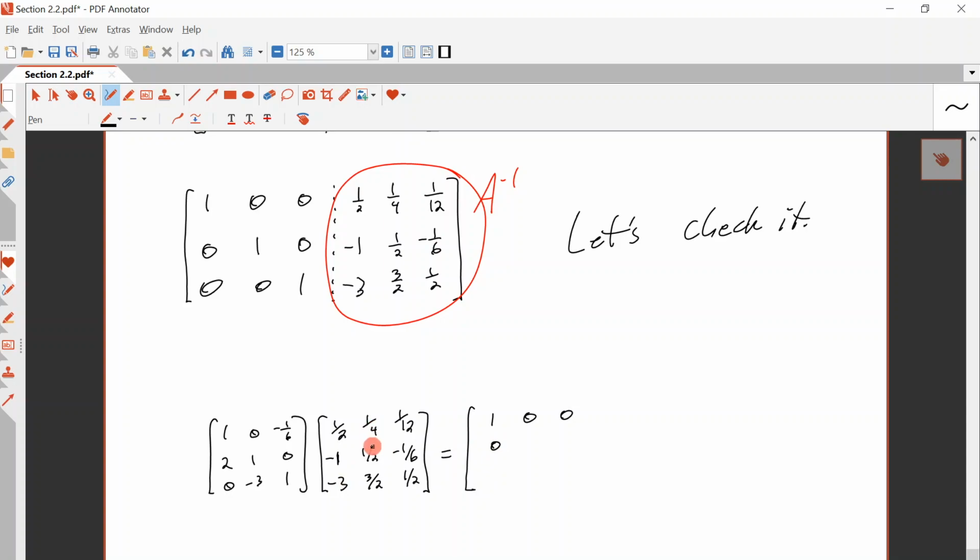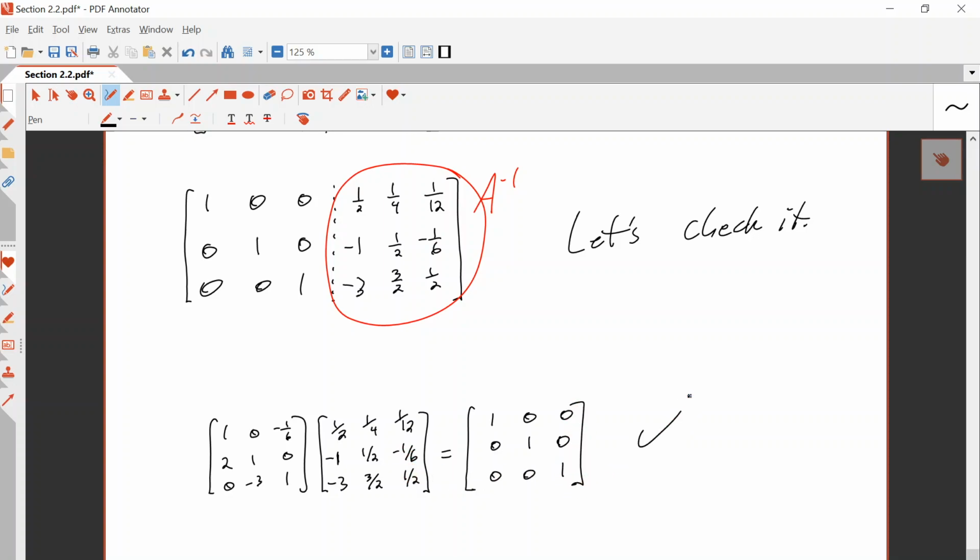A half plus a half plus 0 is 1. 1/6 minus a sixth plus 0 is 0. 0 plus 3 minus 3, 0. 0 minus 3/2 plus 3/2 is 0. And then 0 plus 1/2 plus 1/2 is 1.